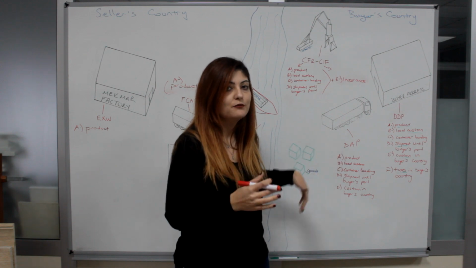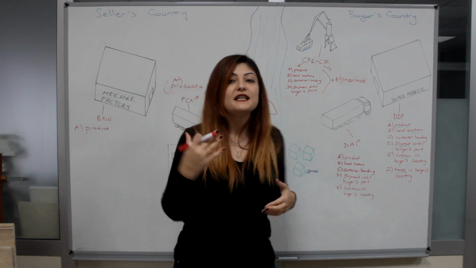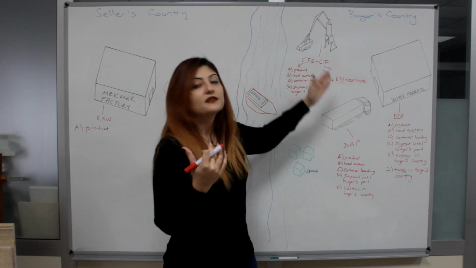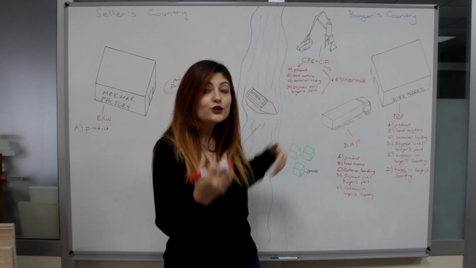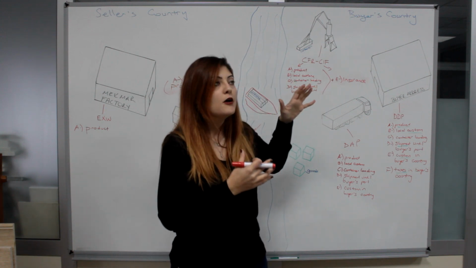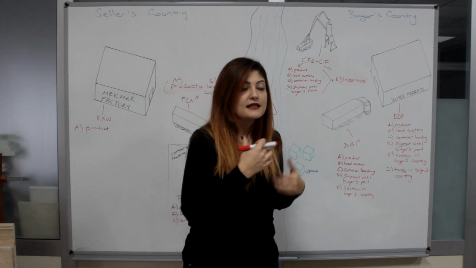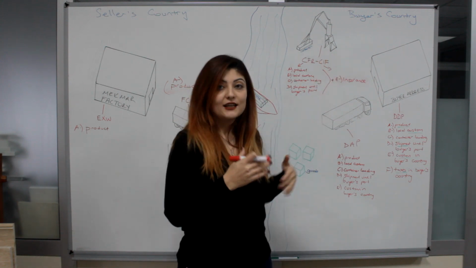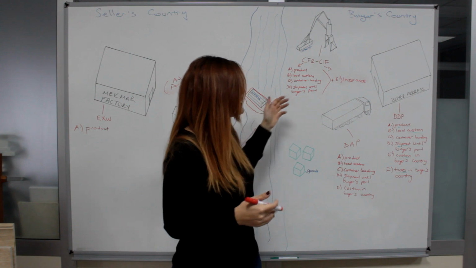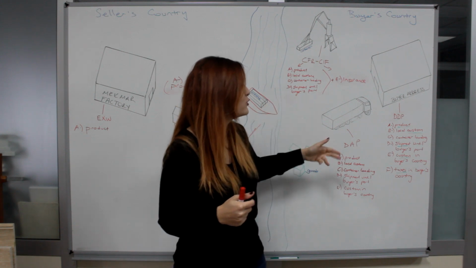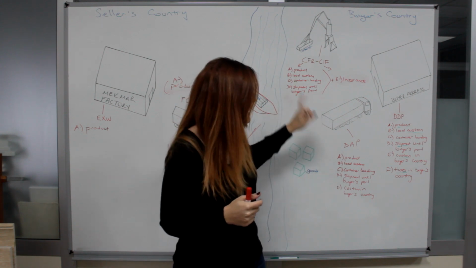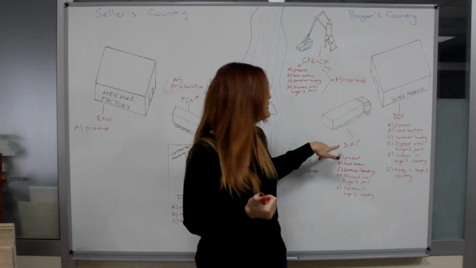When you say, Gizem, as Mekmar, as a seller, please arrange this shipment for us until the port, and also please open the customs in my country as the buyer's country, I can do it for you again. I can arrange the opening of customs in your country, and in that way the delivery term will be DAP.